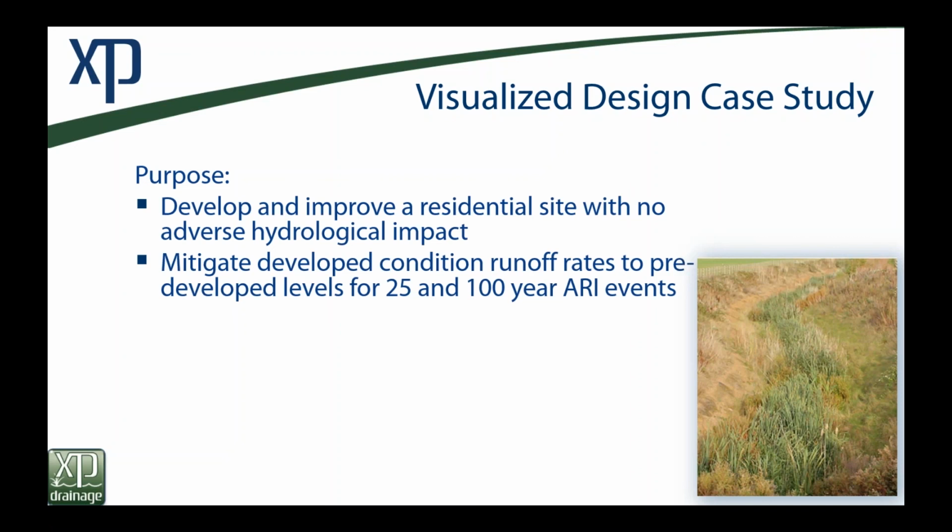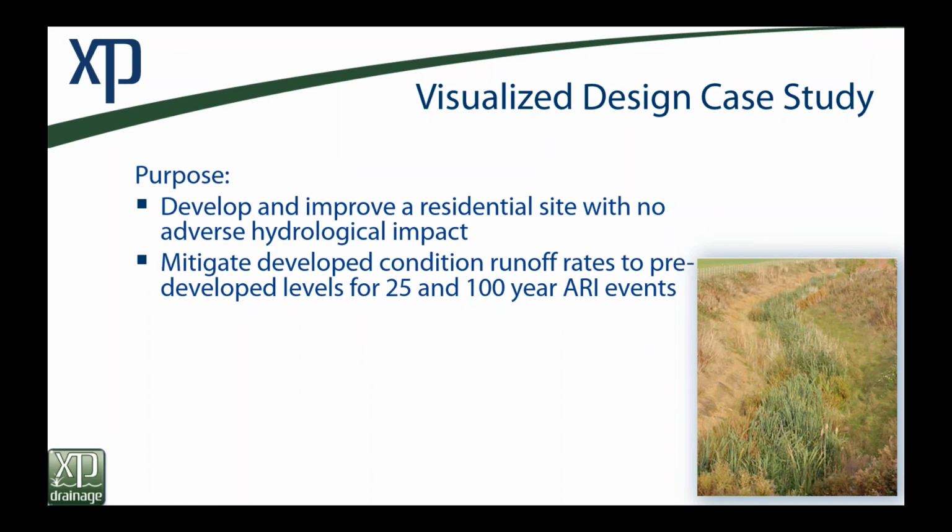You want to improve the site, pave a lot more area, but not have any adverse ecological impacts. We're also proving to a developer in this study that green infrastructure and holistic drainage design is worthwhile, that it's going to save money, make for a much more attractive development, and really increase the worth of the site in a number of ways.